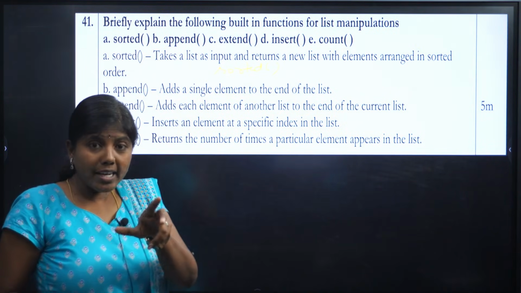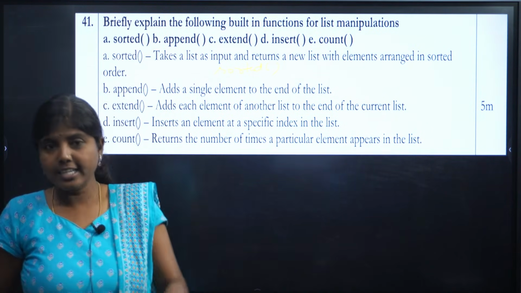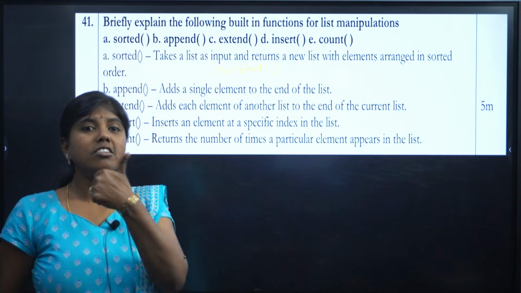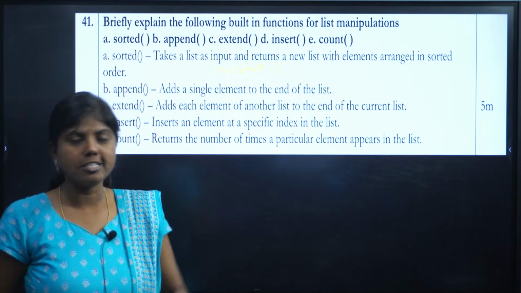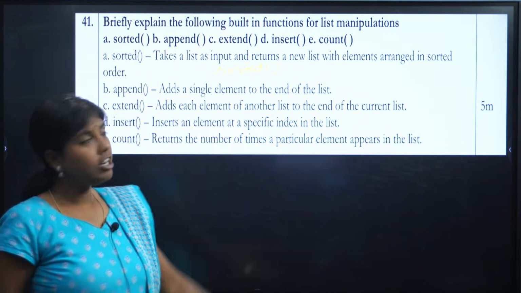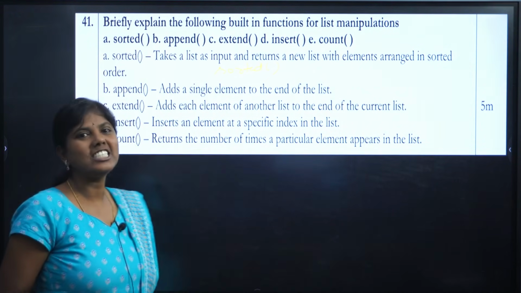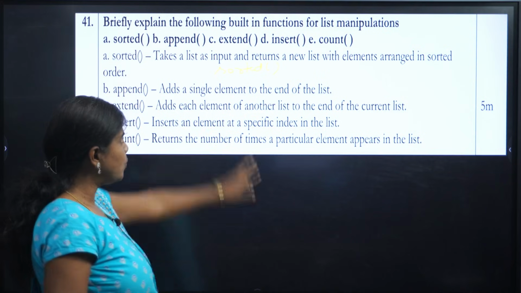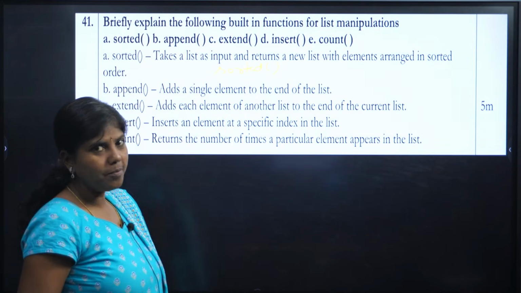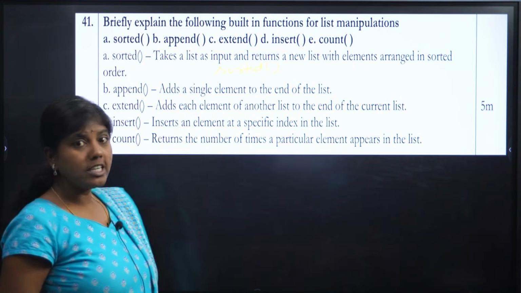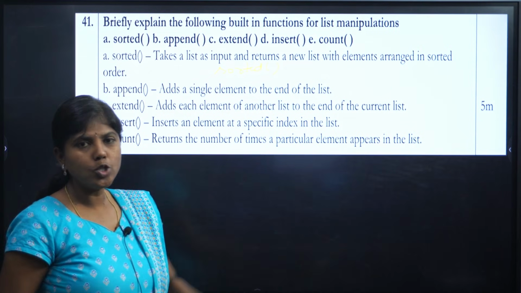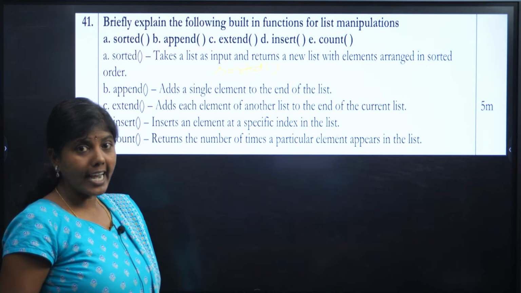It sorts the elements in ascending or descending order and returns a sorted list. It's a built-in function, and you call it just like this. Clear? And if I want to make it in reverse order, you can just write reverse equals to True.